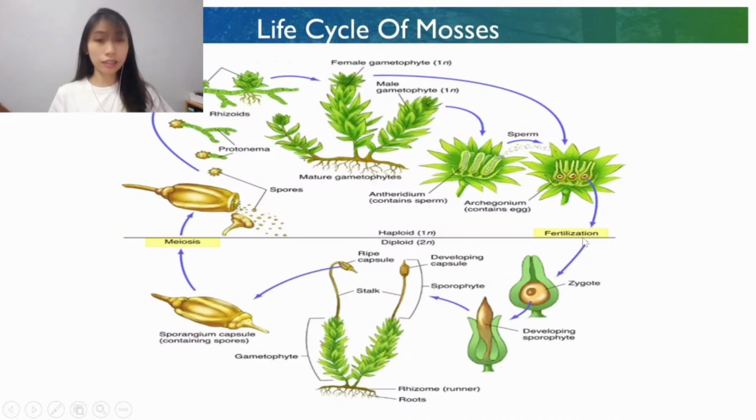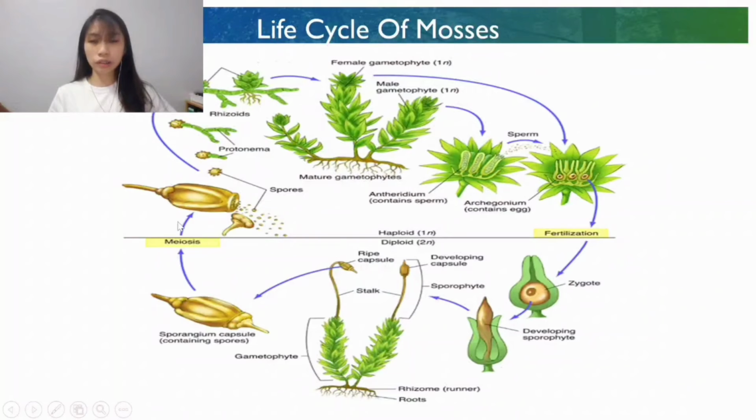During fertilization, the sperm will swim to the egg to produce this zygote, and this structure is the archegonia. The zygote will grow into the sporophyte, and later the sporophyte will mature, and it will produce the stalk and this capsule. The capsule contains sporangium, and in this sporangium it contains spores.